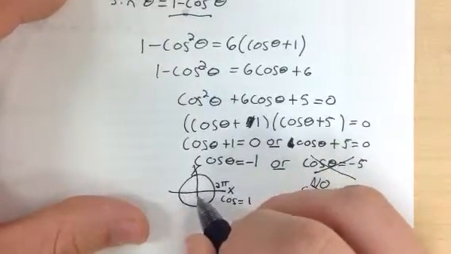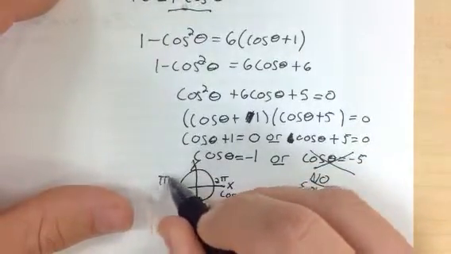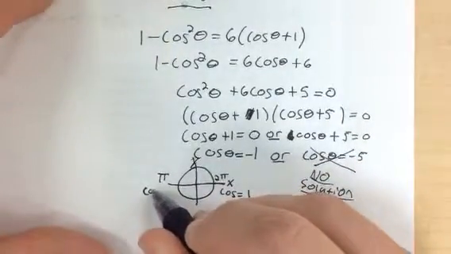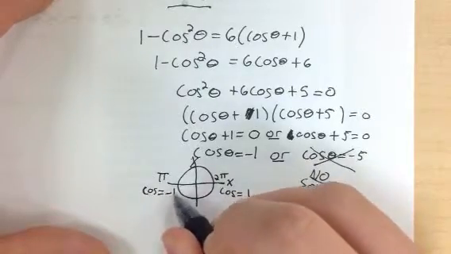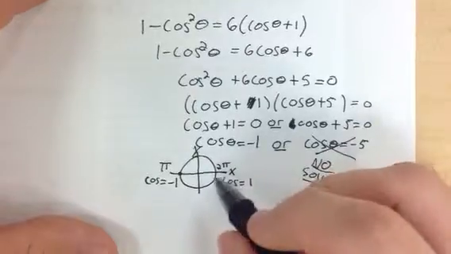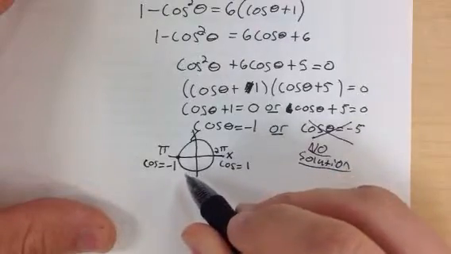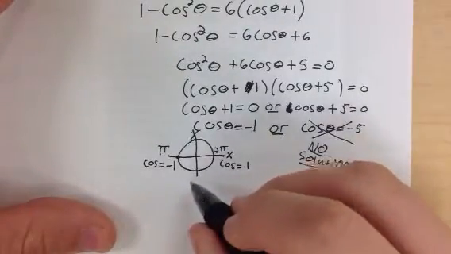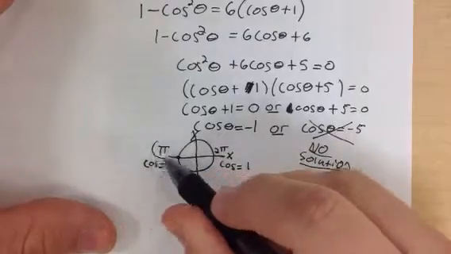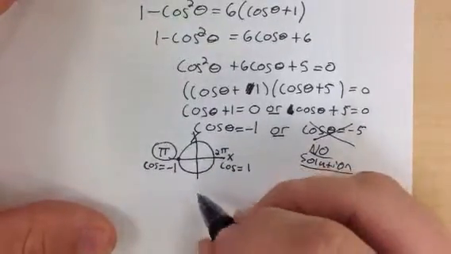And on the left side of the unit circle, at pi, the value of cosine equals -1. So that is a value. So in radians, cosine of pi equals -1. So there's one value, and that is the only place that cosine theta equals -1.